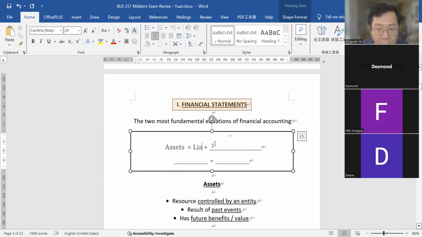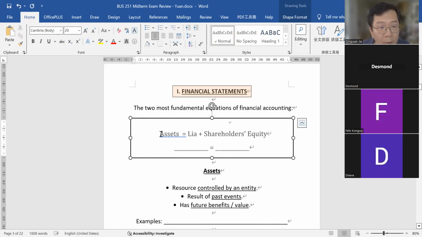I won't type everything, I just type the beginning of the words to save some time. Shareholders' equity. This equation is very essential because you will use it when you do journal entries, and whenever you do journal entries, you use this equation to cross-check whether you did it right or not.